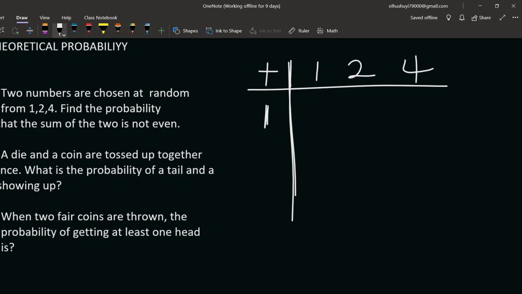So the addition here: 1, 2, 4. To add these numbers, what do we have?